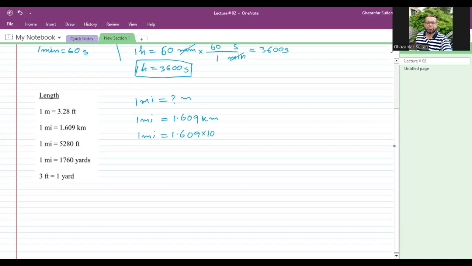Value of k is 1000 from the metric prefixes. So 1 mile would be equal to, if you multiply it with 1000, it would be 1609 meter.